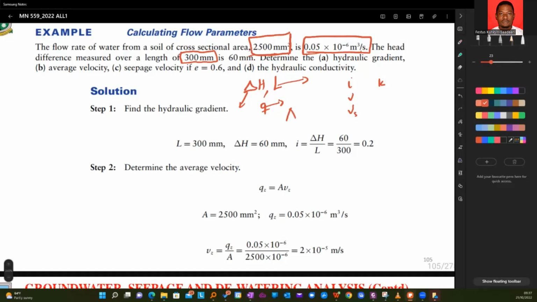And then A is the area of the soil sample, assuming we are able to compute the area through which the water flows. So let's say the water is seeping through an entire stope face, you calculate the stope face, and that becomes your area.